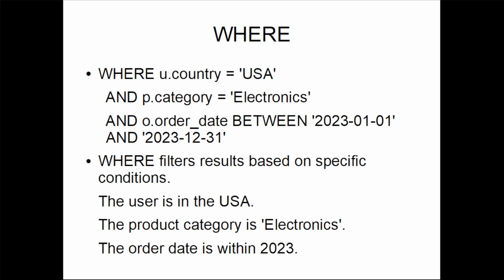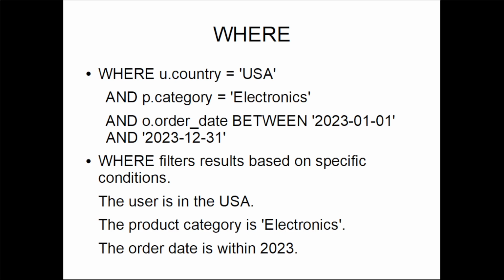So, the where clause in SQL is like a gatekeeper for your data. It decides what makes the cut and what stays out. When you are pulling information from tables, you usually do not want everything, you want specific stuff that matches certain conditions. That is where where comes in. It filters the rows based on rules you set, like only show users from the USA or only include orders from 2023.